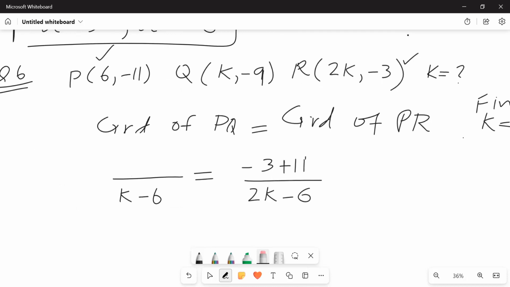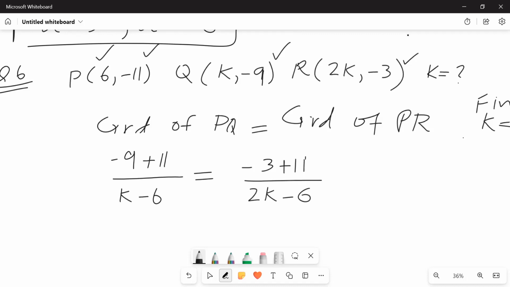This one is P, this one is Q. According to this, -9 is y2 and -11 is y1. So -9 minus -11 will be +11. Got this point, or do I have to explain it more? No, I got it, Miss.